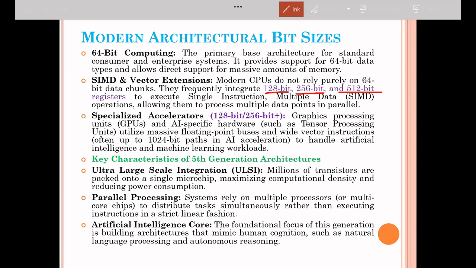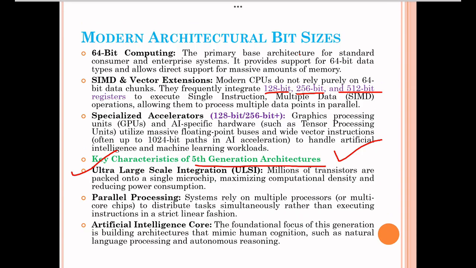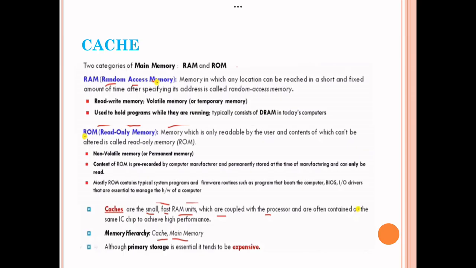If registers are 512 bits, the laptop or such microcomputers are very expensive. You have to understand. And third one is the 5th generation architecture. It is based on ultra large scale integration, ULSI. Later we will discuss again: VLSI, ULSI, parallel architecture of this 5th generation. One by one we will discuss. Now this is the overview.